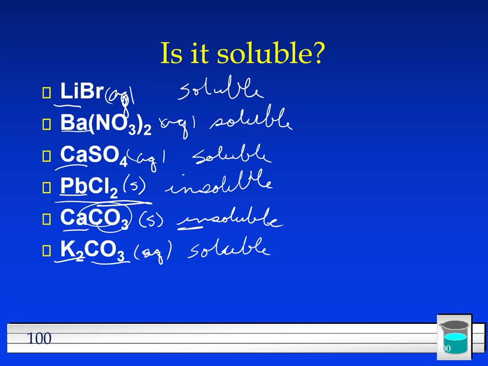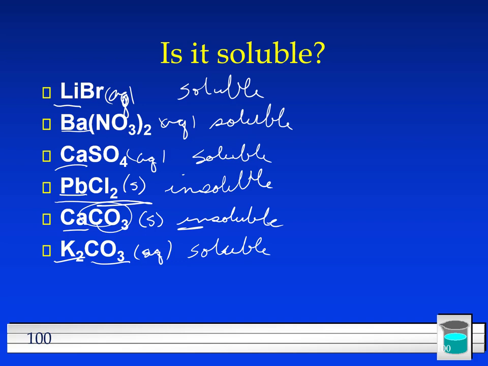HNO3, hydrogen's almost an alkali metal, but NO3 is definitely nitrate. So this is going to be aqueous. This reaction right here is not going to happen because it doesn't make a solid, it doesn't make water, it doesn't make a gas. So this reaction will happen, this one won't. Does that make sense? That's how we added on to what we did yesterday.